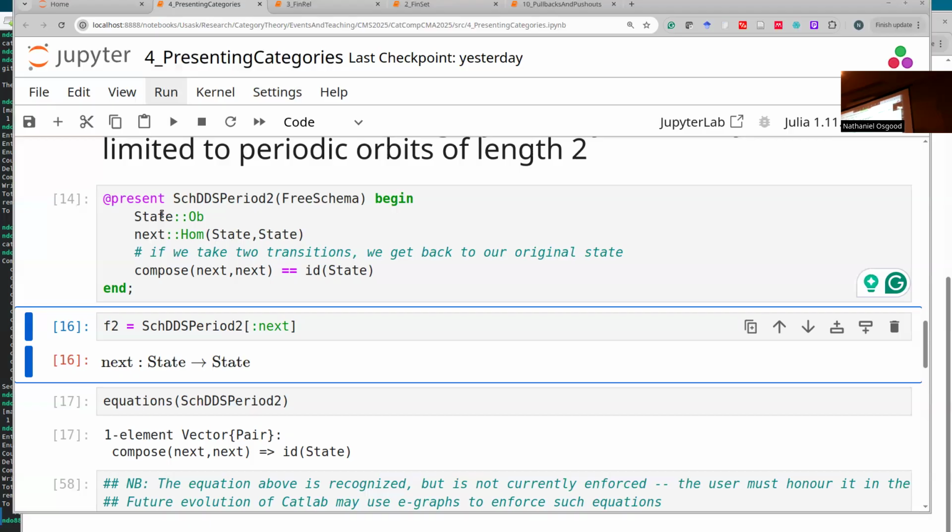If you're just wondering why it has to say ID of state and not just ID, why can't you infer that? Well, that's a good question. Yeah, you're saying there's only one object. In general, we're going to have categories with more than one object.